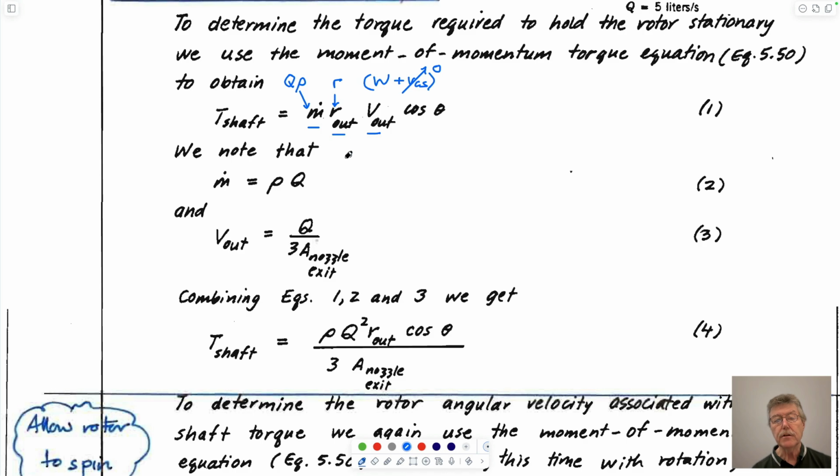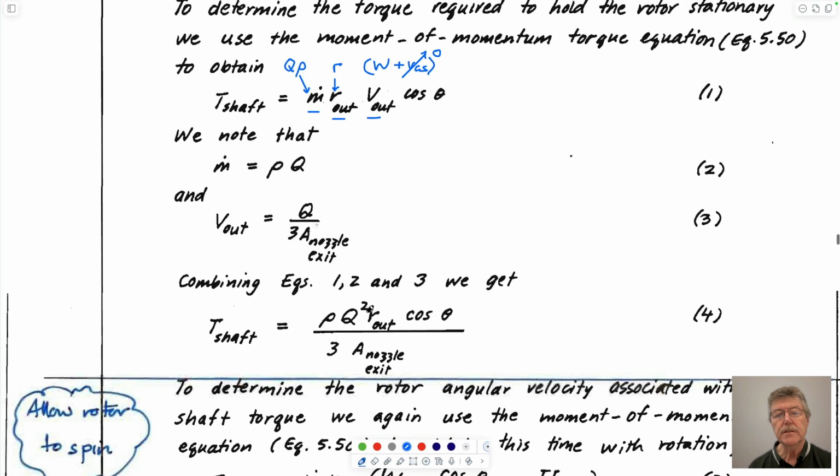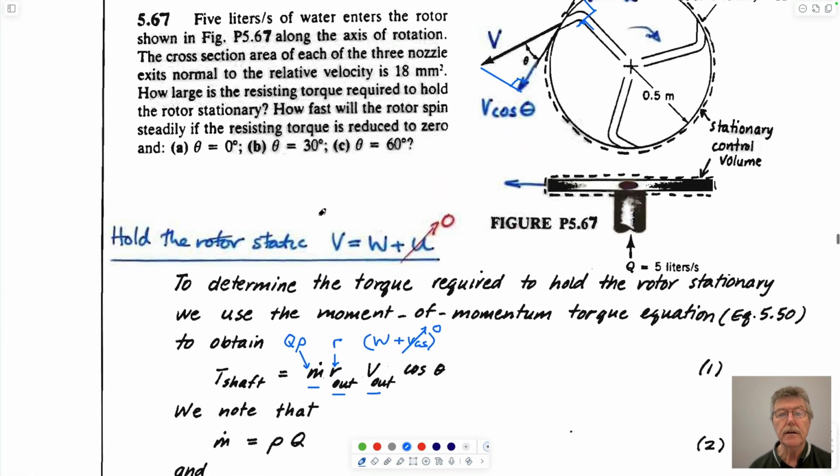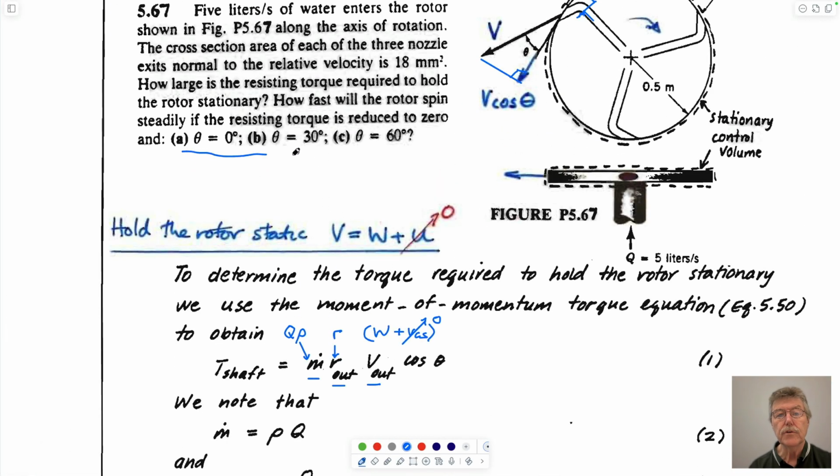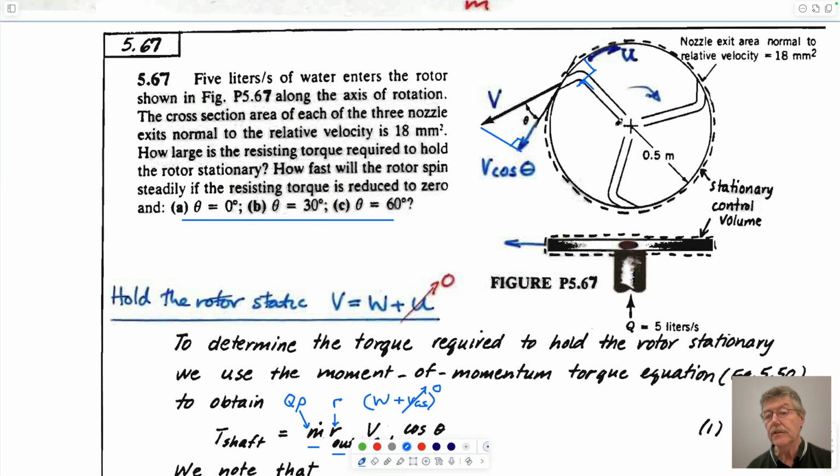And so if we substitute those in here, you get this expression, which gives you the shaft torque that you have to apply to hold it static, which is the maximum. If you want to then release it and calculate how fast the thing will spin if it's released, then the torque needs to be 0.